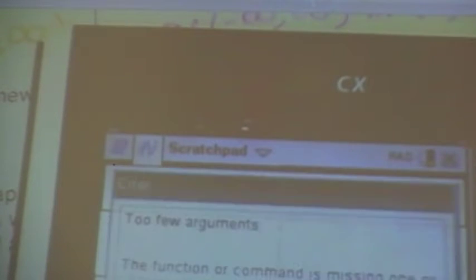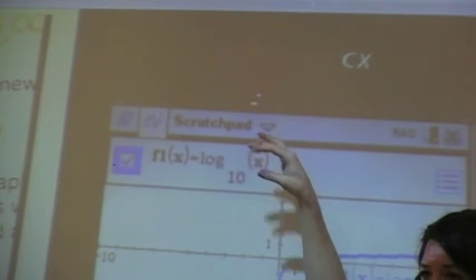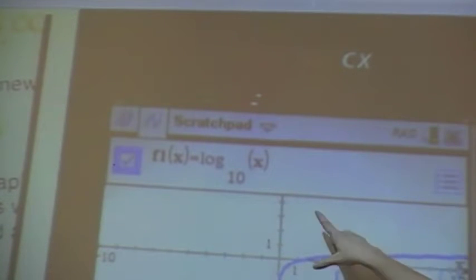And as a matter of fact, if I were to arrow to this box and put an X in here, it will automatically put a 10 in the box. So, see, I didn't type that 10, it did that. So if you want to type the 10, you can, or if you just want to arrow over to the big box, that's called the argument, that's where the X goes.